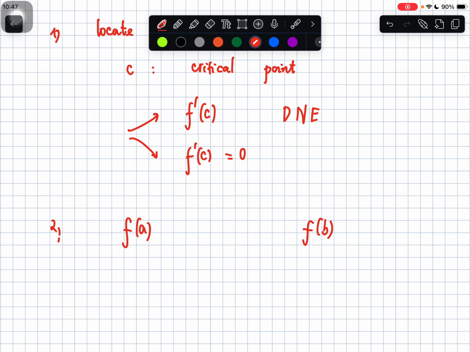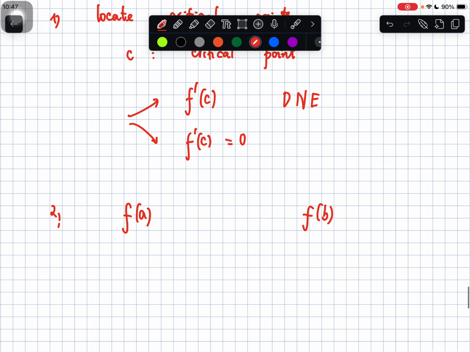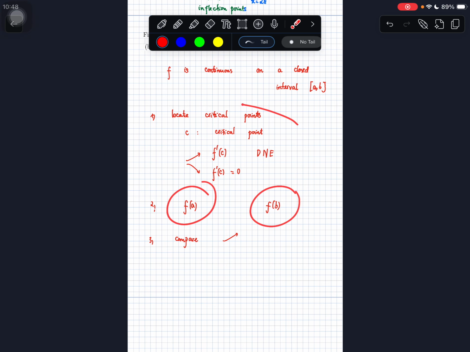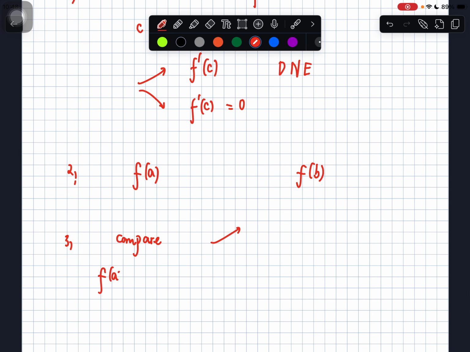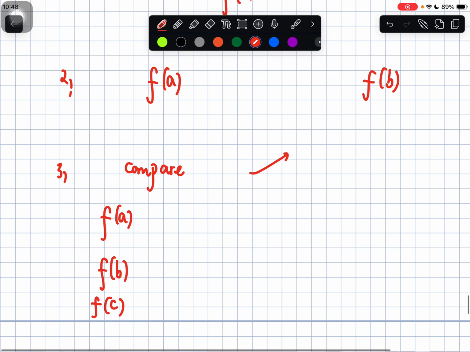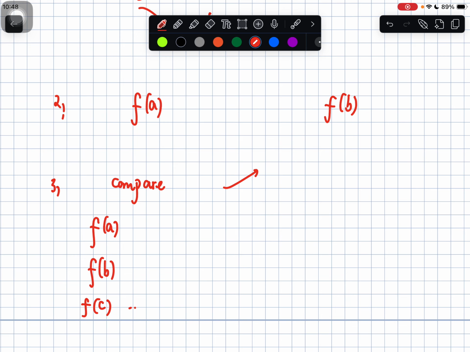And then you compare f of a and f of b with f of C. Compare f of a, f of b, and f of all the critical points you have, C1, C2, C3. Compare them.